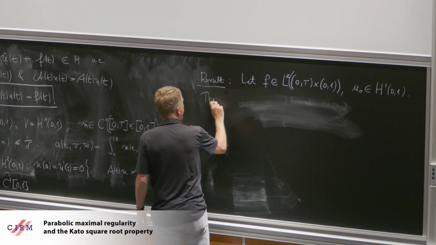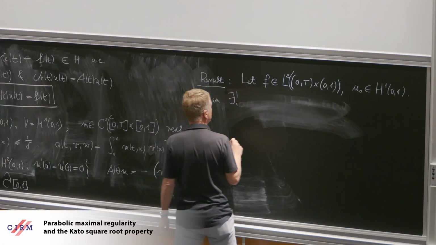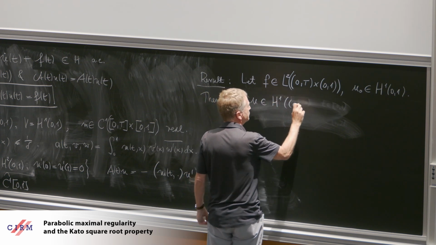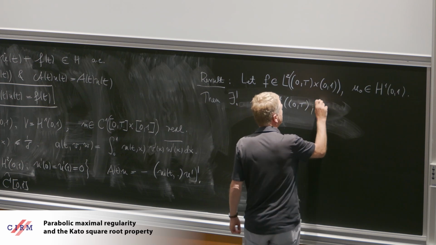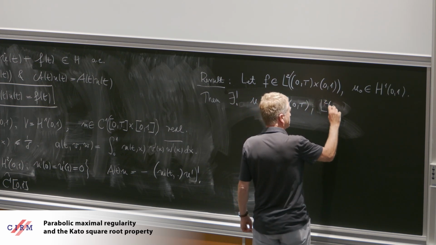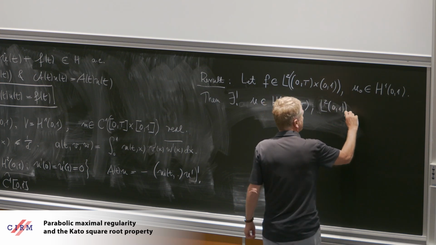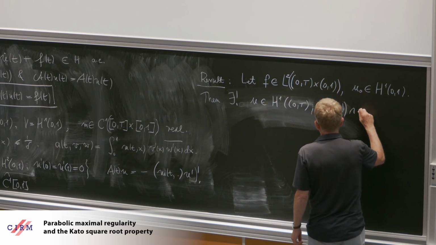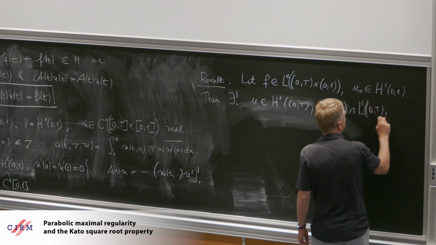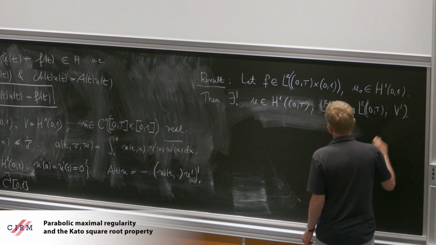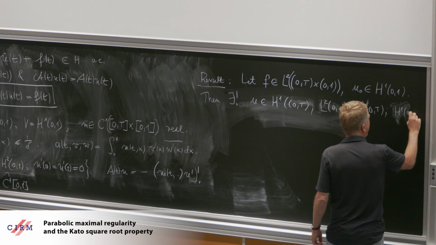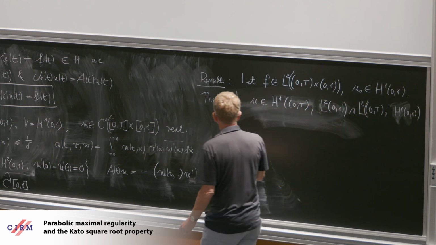Then there exists a unique function u, and this is now in H1 of 0 to T with values in L2 of (0,1), which is also in L2 with values in V, and which solves the following equation.